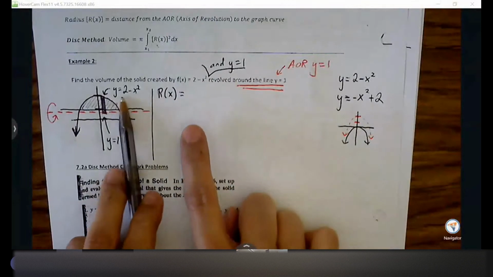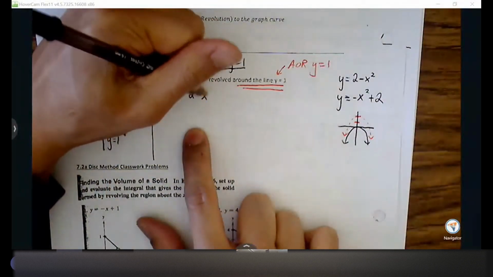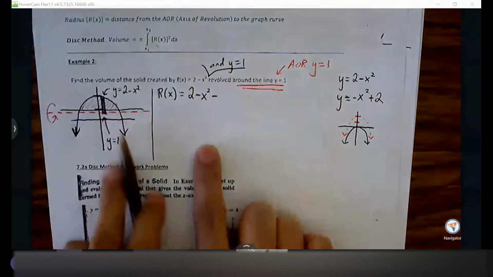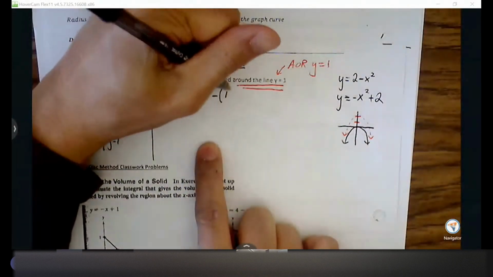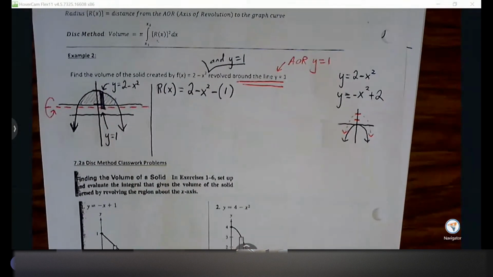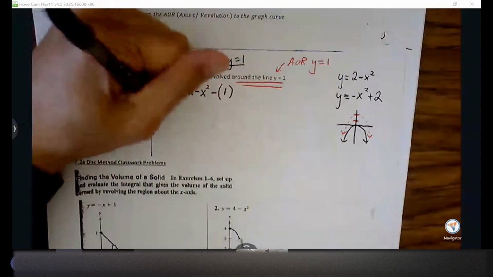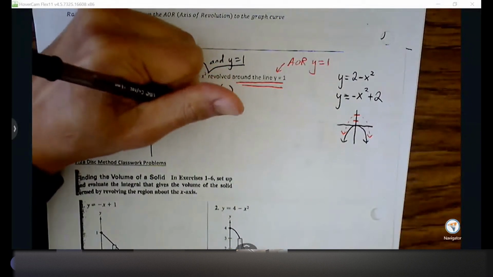The top of the radius is sitting at the 2 minus x squared, so we start there. Minus the bottom of the radius, which is at 1. I like to put a parentheses there. That's a good habit. Clean that expression up. That cleans it to be just 1 minus x squared.